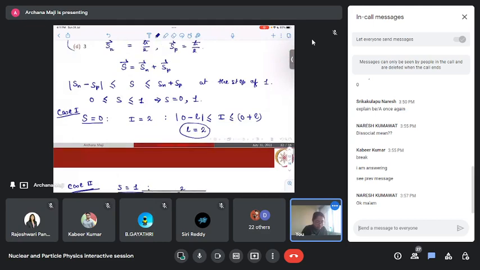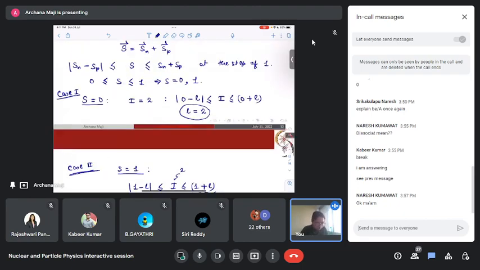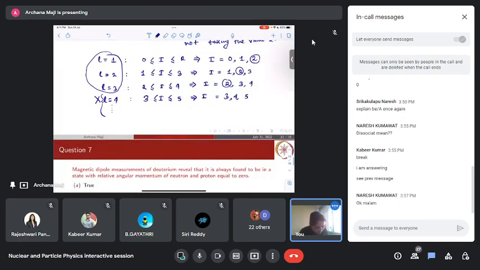Now there is one more condition, that it has even parity. From the third lecture, we know how parity is related to orbital angular momentum, that is basically minus 1 to the power L times psi of r.